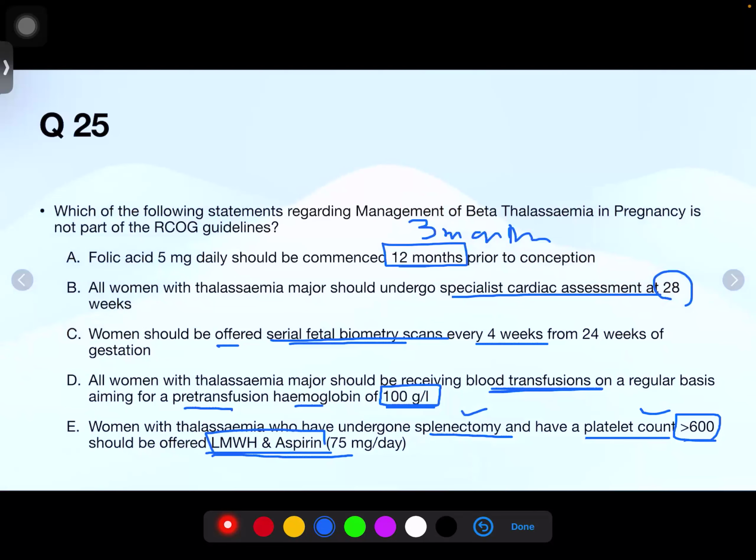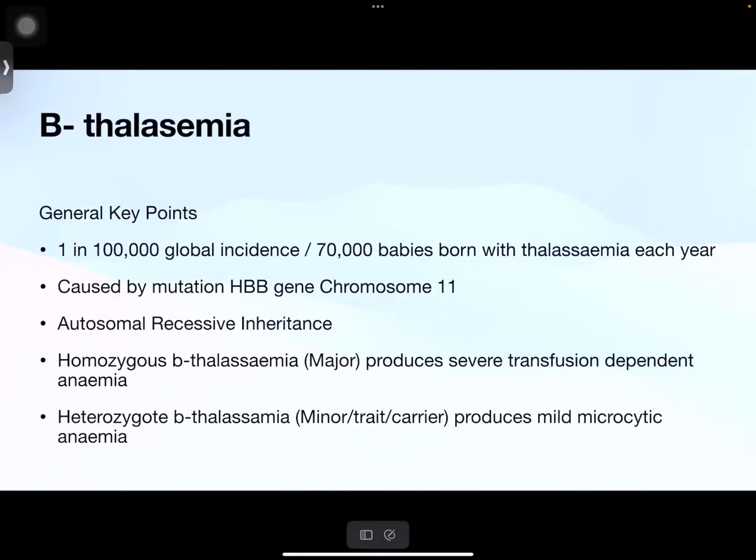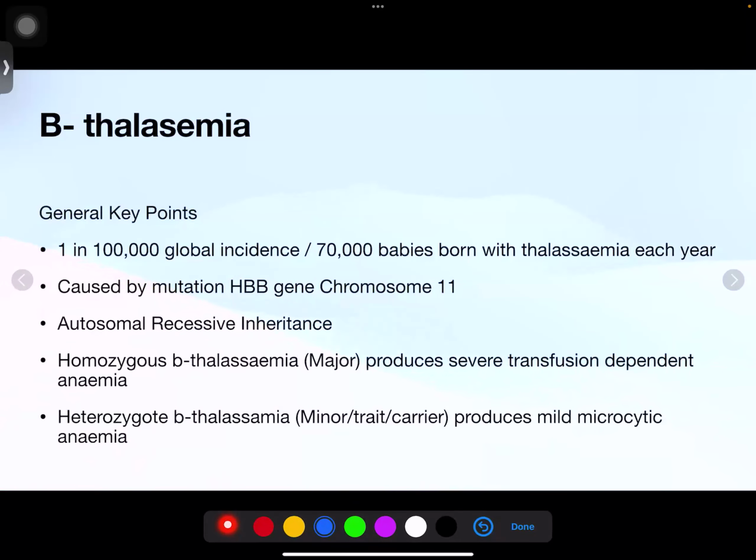Basically, this thalassemia topic is very important. It is actually important for MRCOG part 2, but they can usually ask you a few important things in the clinical management module. So let's quickly discuss important points from beta thalassemia.